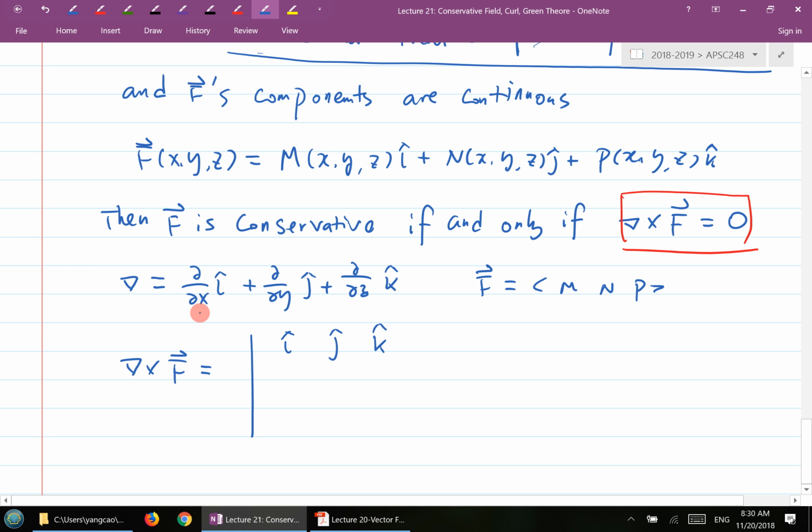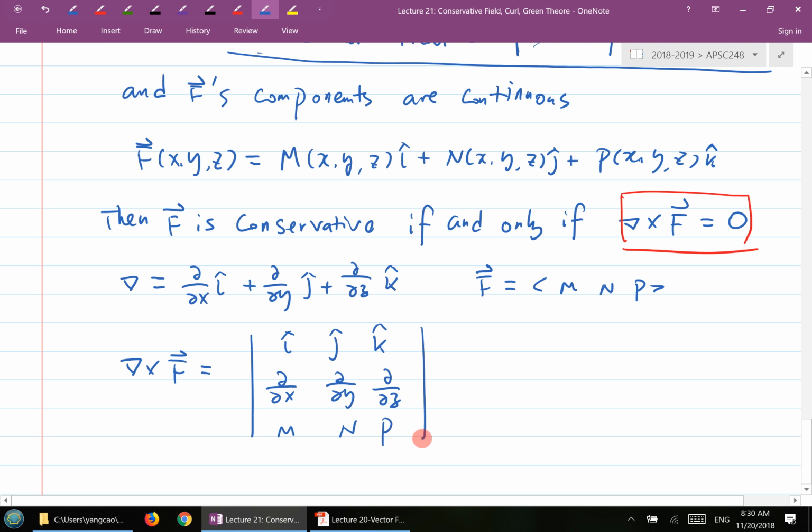It's not a real constant or anything, but it does have 3 components. They are operators, so you just put the operators down here: 3 partial derivative operators, partial over partial x, partial over partial y, and partial over partial z. The last row is M, N, P.